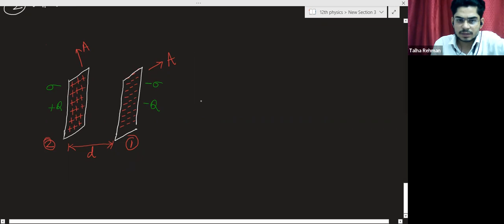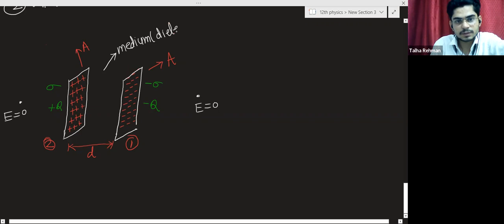And then also the electric field outside the plate will be zero. Whether you fill a dielectric or some other medium or air, the electric field outside the plate will always be zero. And if I want to calculate the electric field here, now here is dielectric, and the medium is dielectric.